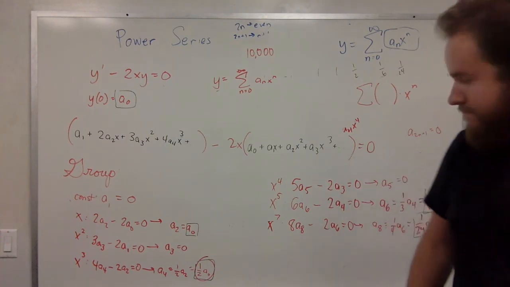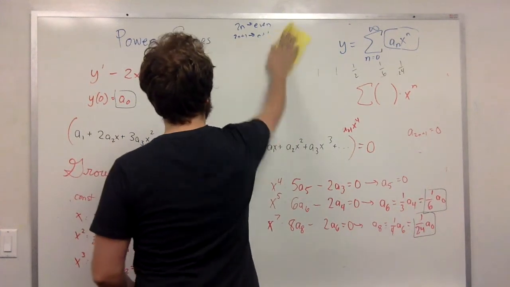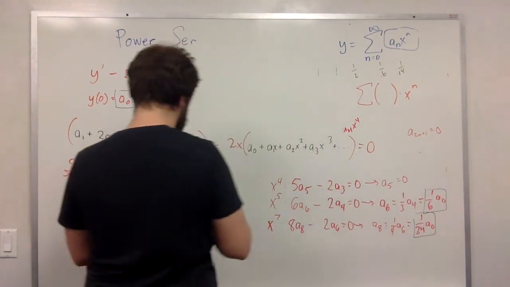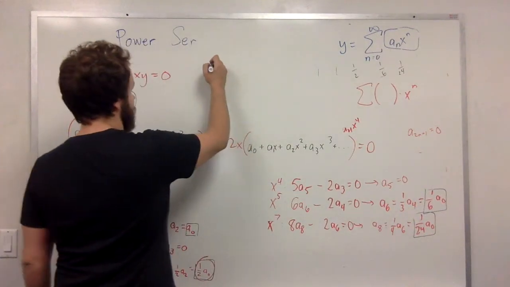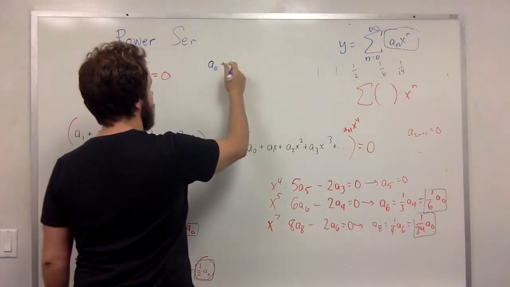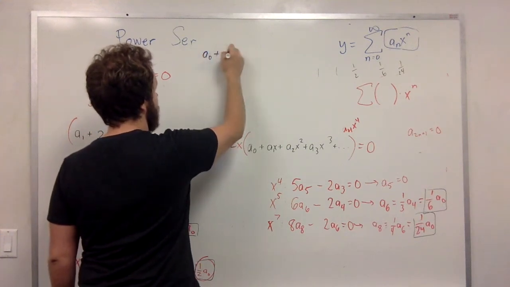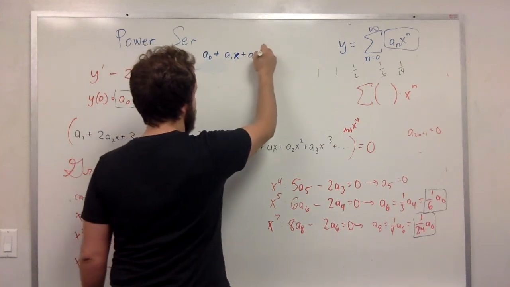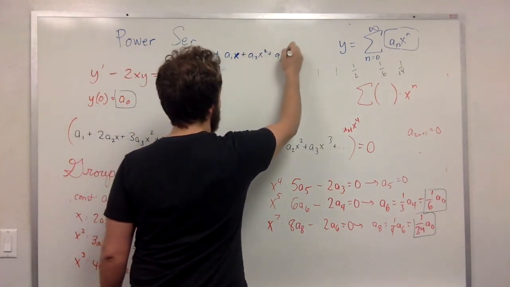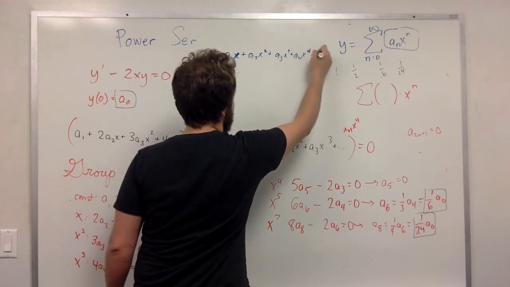Let's write it up. Let's do it in blue. We've got a0 plus a1 x plus a2 x squared plus a3 x cubed plus a4 x to the 4th plus dot dot dot.